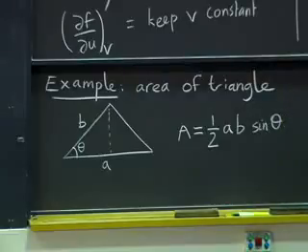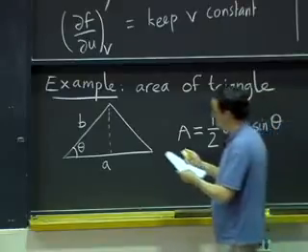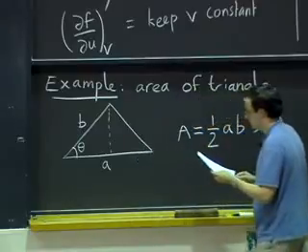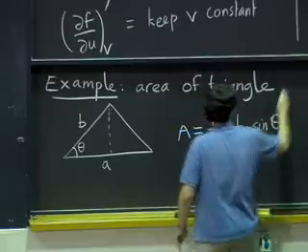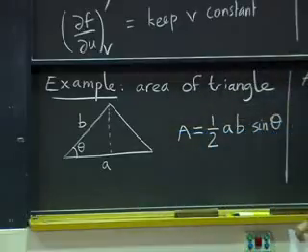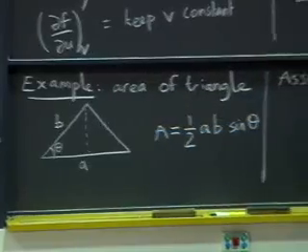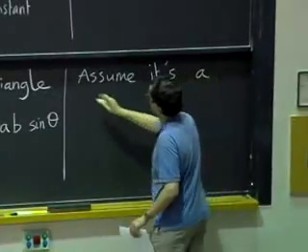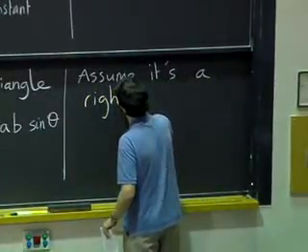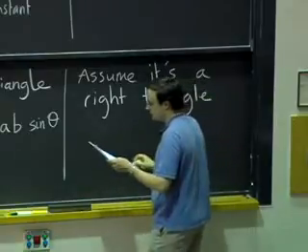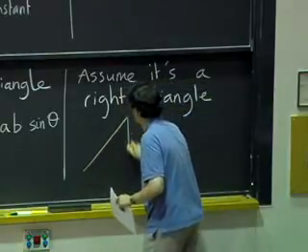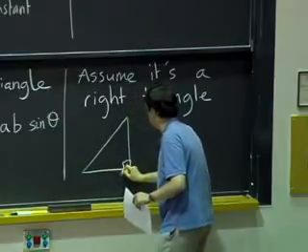Now, let's say there's a relation between A, B, and theta that I didn't tell you about. Namely, I want to assume that it's a right triangle, with, let's say, the hypotenuse being B. So we have a right angle here.